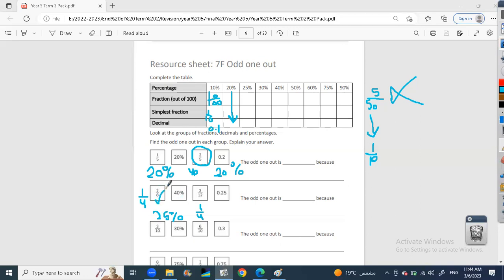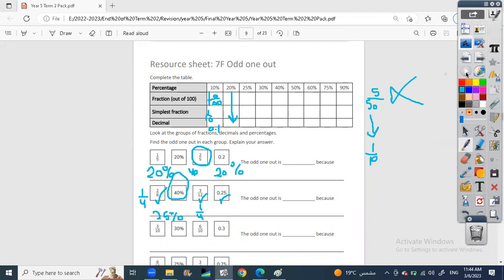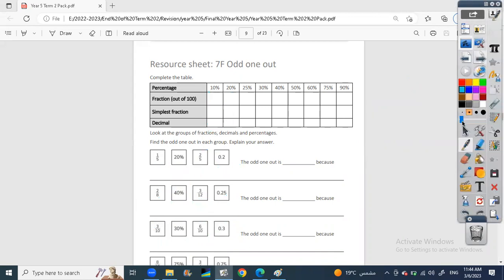So this is 25%. This is 25%. This is 25%. This is 40%. This is the odd one out. And so on with the rest of the questions. Change them into percentages, then start comparing to find the odd one out.